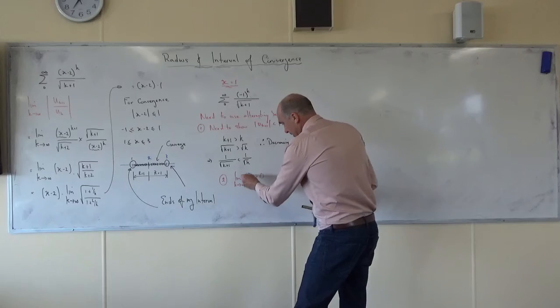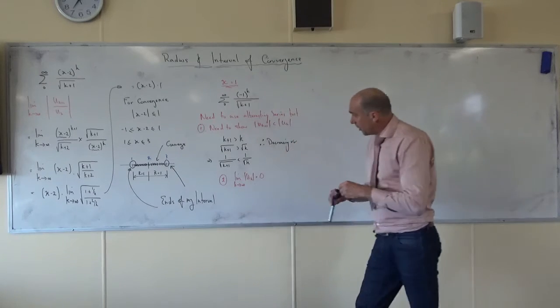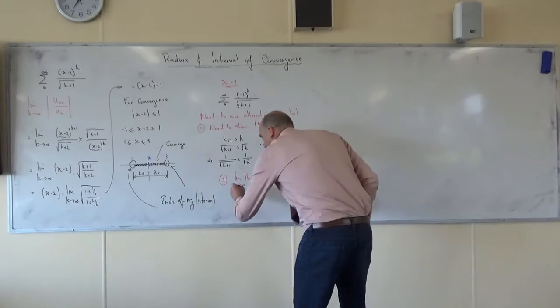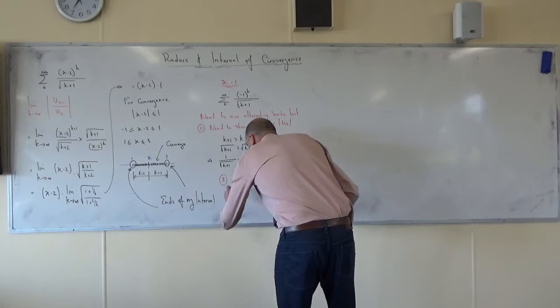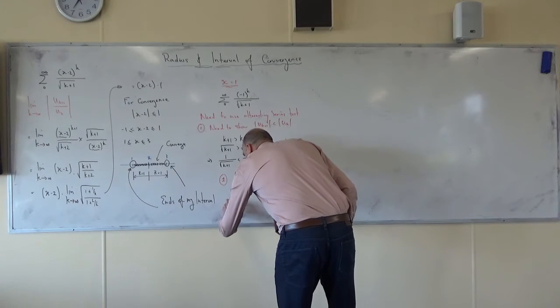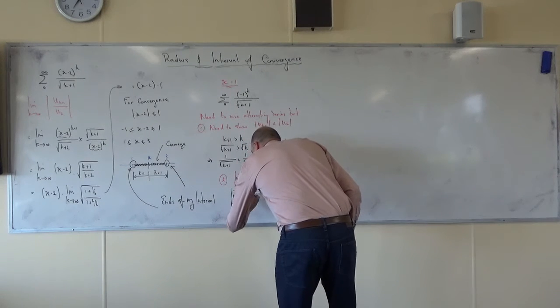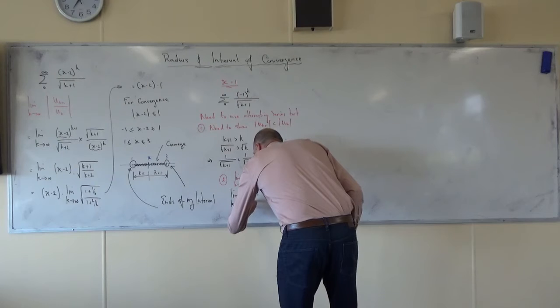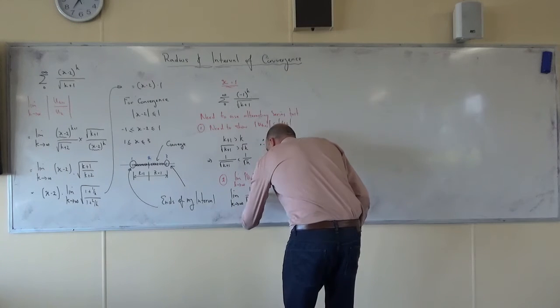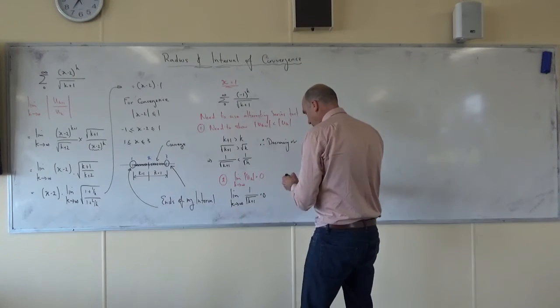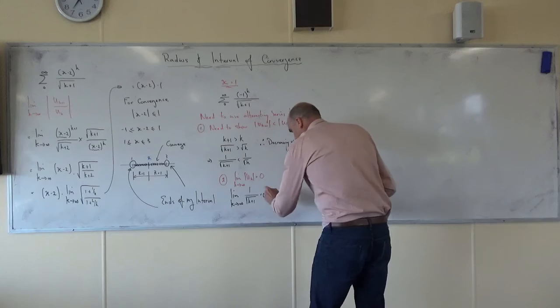Righto. We have to test the absolute value of that. We're not interested in the fact it's alternating. So the limit as k approaches infinity of 1 on the square root of k plus 1, of course, equals 0. So therefore, my second condition is satisfied.